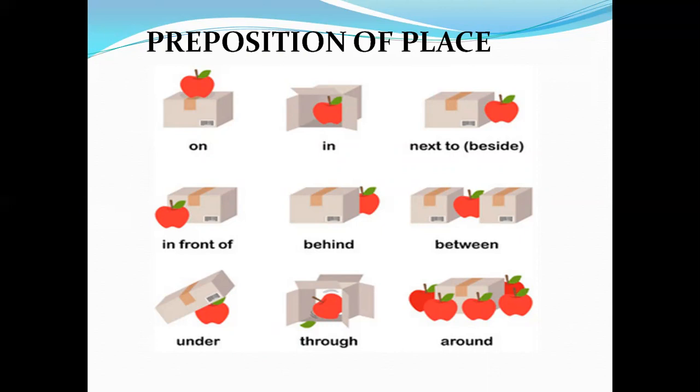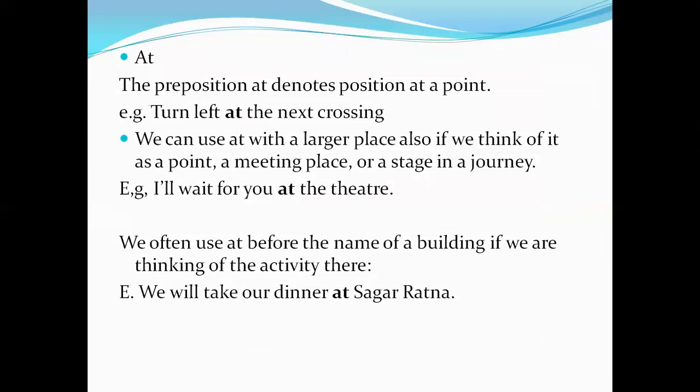Prepositions of place can be on, in, next to, in front of, behind, between, under, through, around. Let us have a look at a few prepositions and their rules in detail.